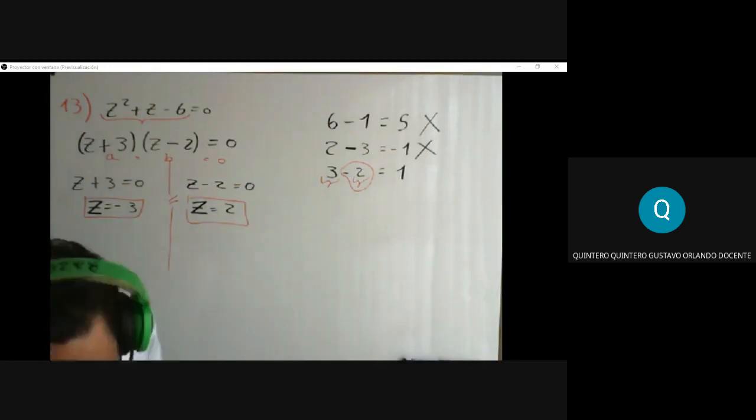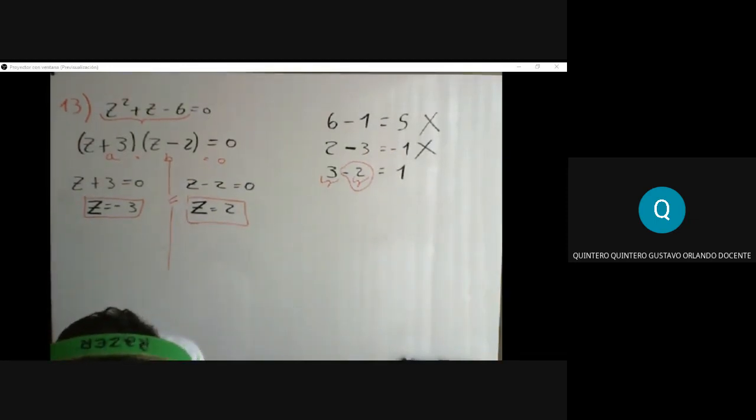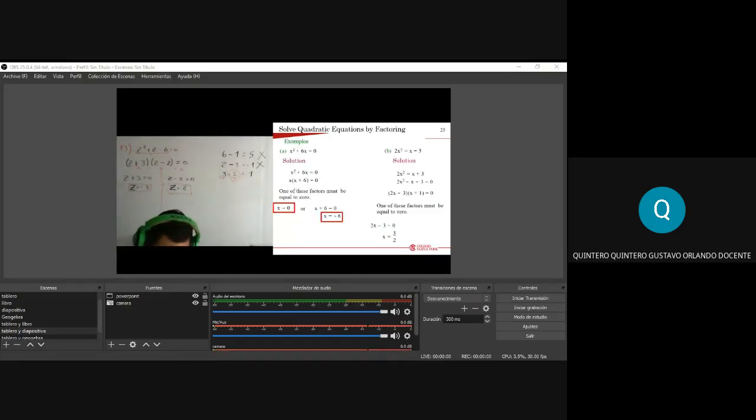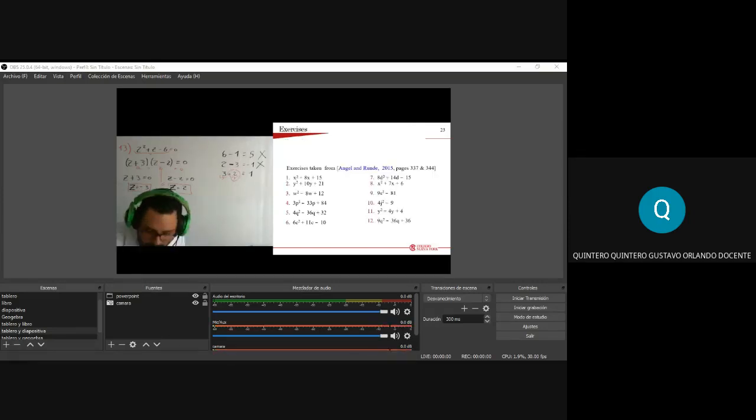In these exercises, let me switch into the slides. Do you remember this, Richie? Just go back a little bit. Do you remember these exercises? In those exercises, for example, take a look at question 3. W squared minus 8W plus 12, right?